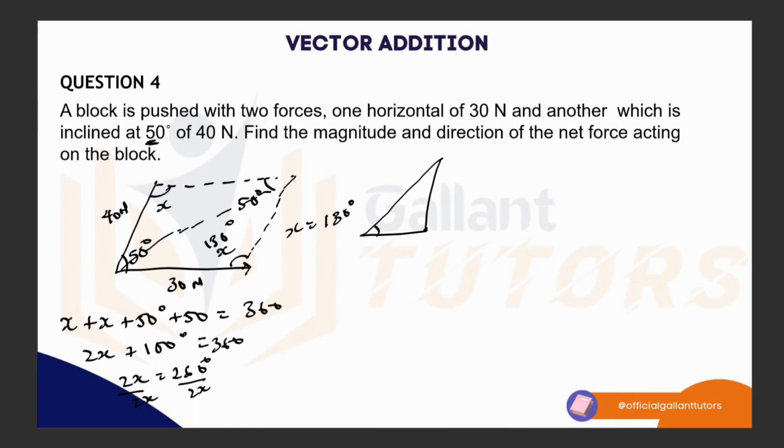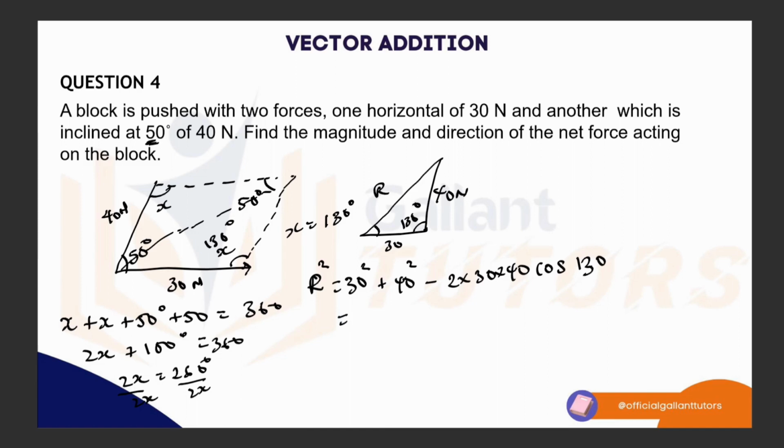Alright, so this is 130 degree, these are 30, and this 40, so this 40 Newton, and these are R, right? So the same procedure: R square is equal to 30 square plus 40 square minus 2 times 30 times 40 cos 130. Is that clear?